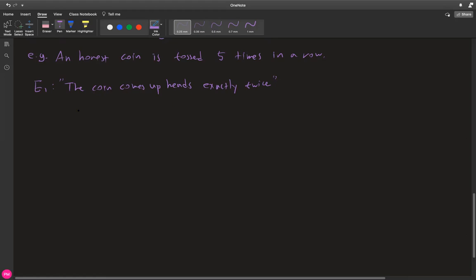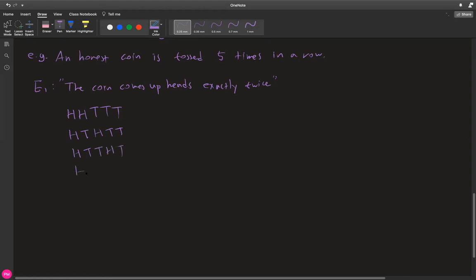twice. So you can have heads, heads, tails, tails, tails. That's 2 heads. You can have heads, tails, heads, tails, tails. You can have heads, tails, tails, heads, tails.